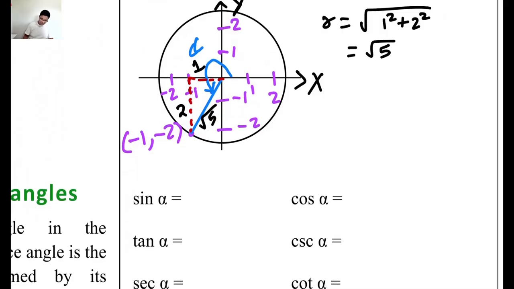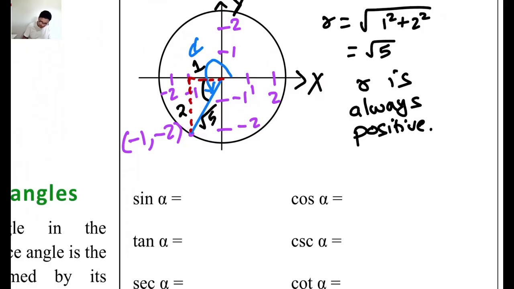So what will be sine alpha in this triangle? That is the reference angle for alpha. The opposite is 2, radius is root 5. By the way, I'll write that here: R is always positive because radius is just the length of the hypotenuse here.